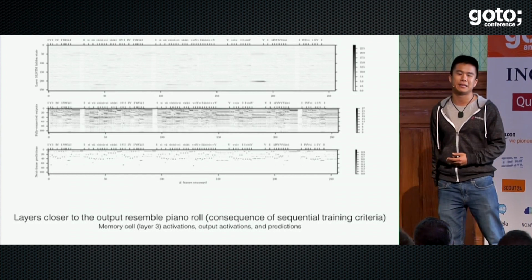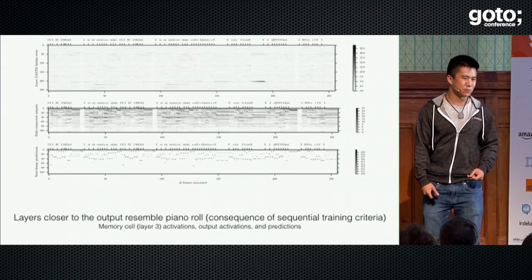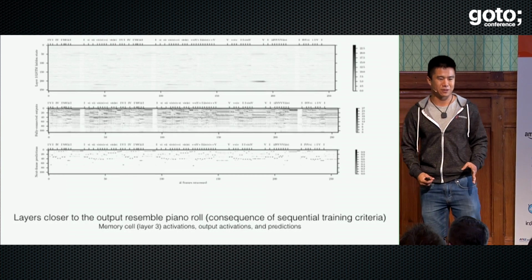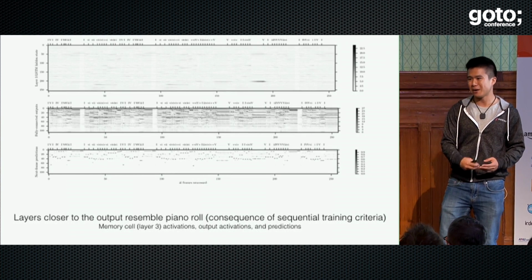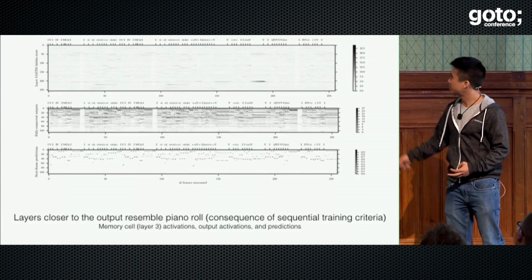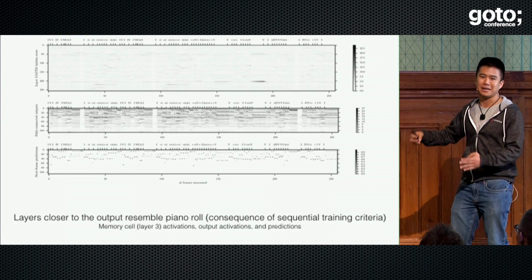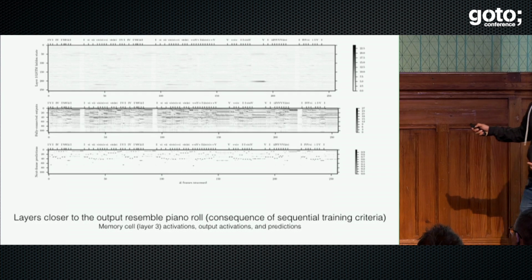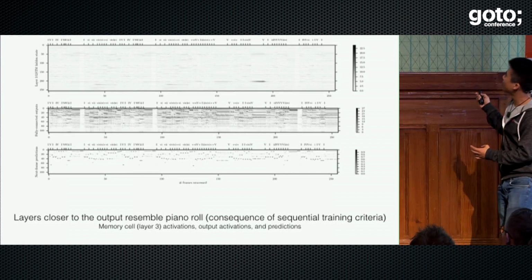And this isn't surprising either. Recall, we trained the neural network to predict the next note given the current note, or all the previous notes. If the network was doing perfectly, we would expect to just see the input here delayed by a single time step. And so it's unsurprising that we do see something that resembles the input, but is not quite exactly the input.